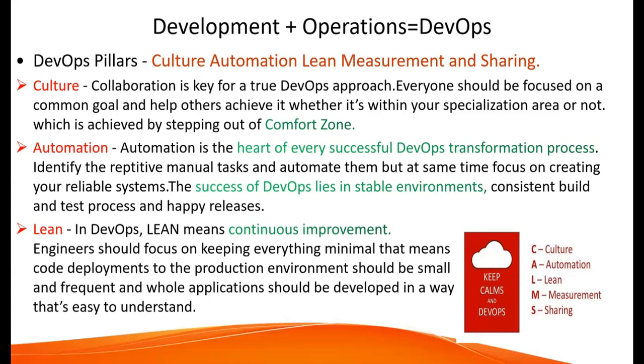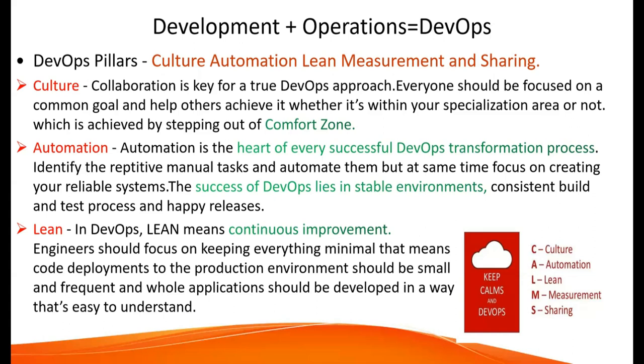Second, automation. Automation is the heart of every successful transformation process. Identify the repetitive manual tasks and automate them, but at the same time focus on creating reliable systems. The success of DevOps lies in a stable environment, consistent build and test processes, and happy releases.